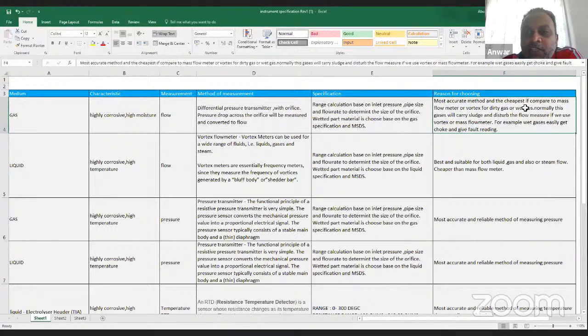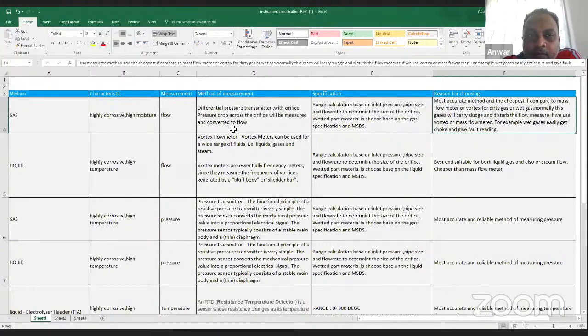So which one is cheapest? That is the cost benefit evaluation that I am comparing here when I say it is cheapest. And it is also cheapest compared to a mass flow meter or vortex meter for dirty gas.